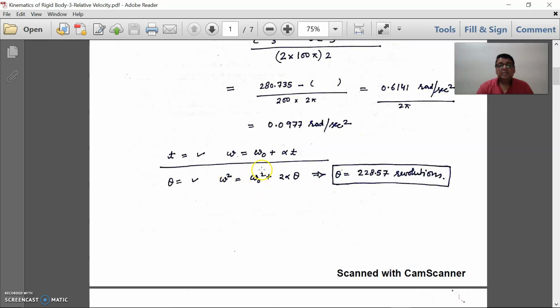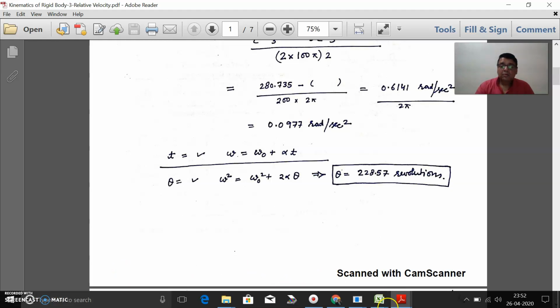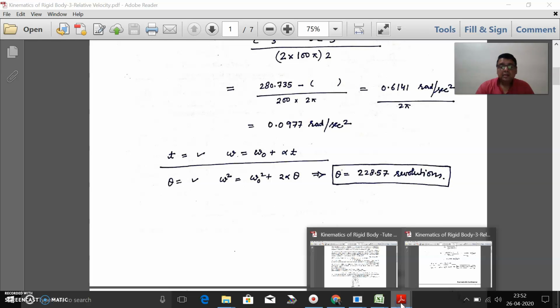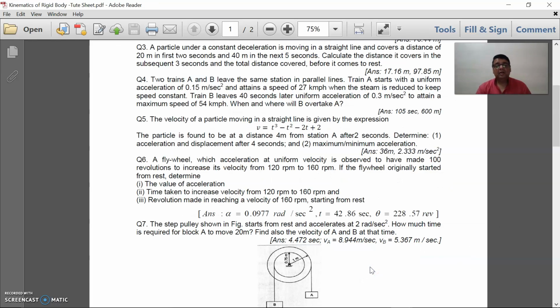For the initial stage, you will take omega naught as equal to 0, omega you already know, plus twice alpha theta, and theta is the only unknown, and then from that you can get the value of theta in radians, and if you convert you will get this many revolutions, right? So this is the answer of your sixth numerical, if I am correct, yes, sixth numerical.